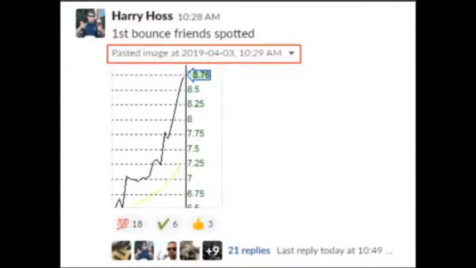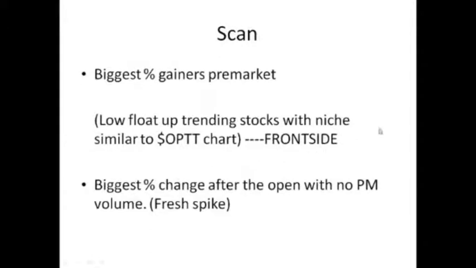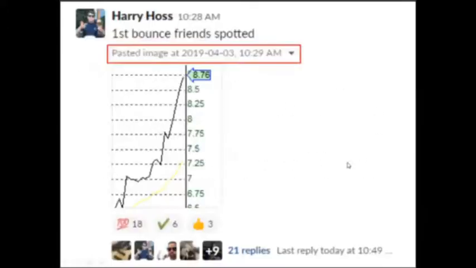So basically, this is an old trade, April 3rd. It's been a while, but this is like an A+. This is stuff that I like. What happened on this day is the example of the low float uptrending stock with the niche. This is a perfect example of this type of play, where we have the stock go up from the 6.50 area all the way up to $8, and this is the type of niche that I like.